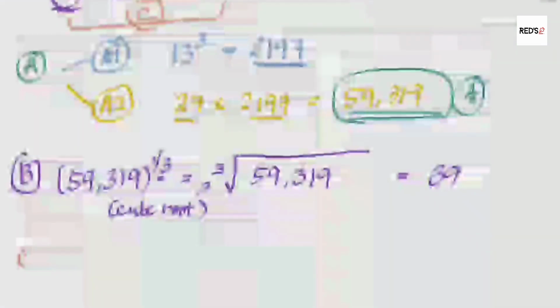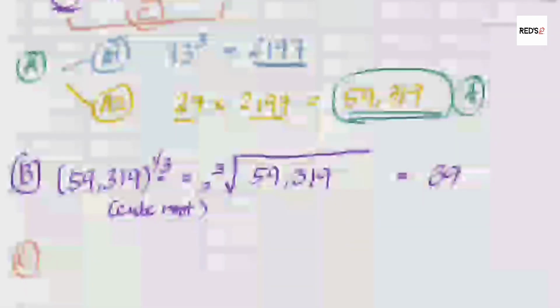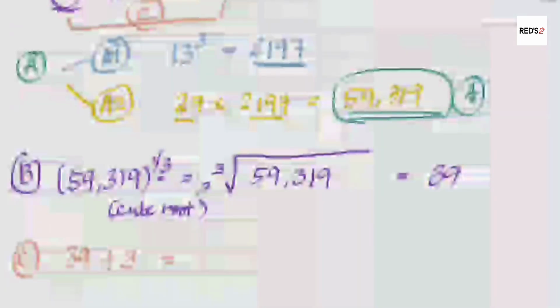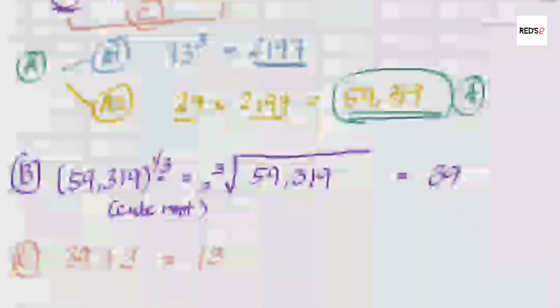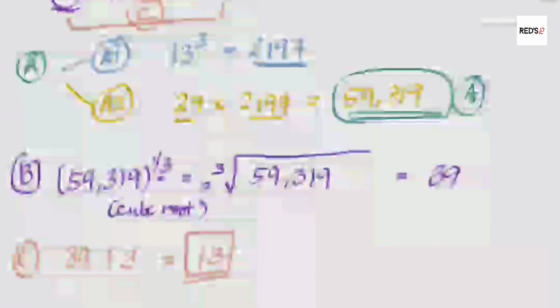Now we do the last step for the orange section. We get to solve 39 divided by 3. And that should give you an answer which is 13. Remember that for our process later.